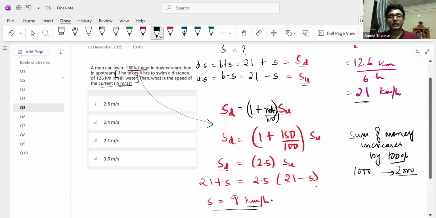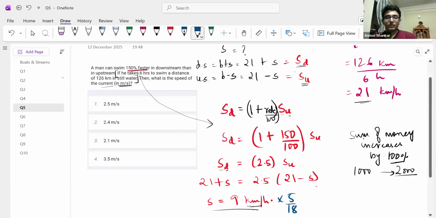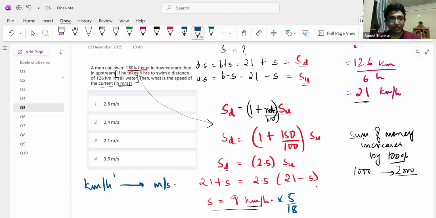So conversion factor வந்து ஞாபகம் வச்சுக்கோங்க, right? 5 by 18. Yes, very good. So kilometer per hourல இருந்து meter per second போகணும்னா you will multiply by 5 by 18. You can of course derive this if you forget, but better to just remember. இல்லையா?